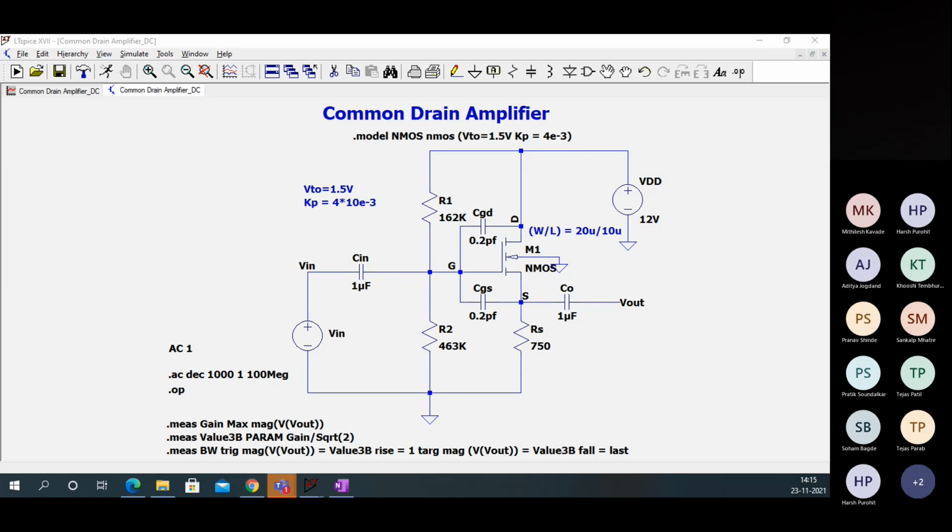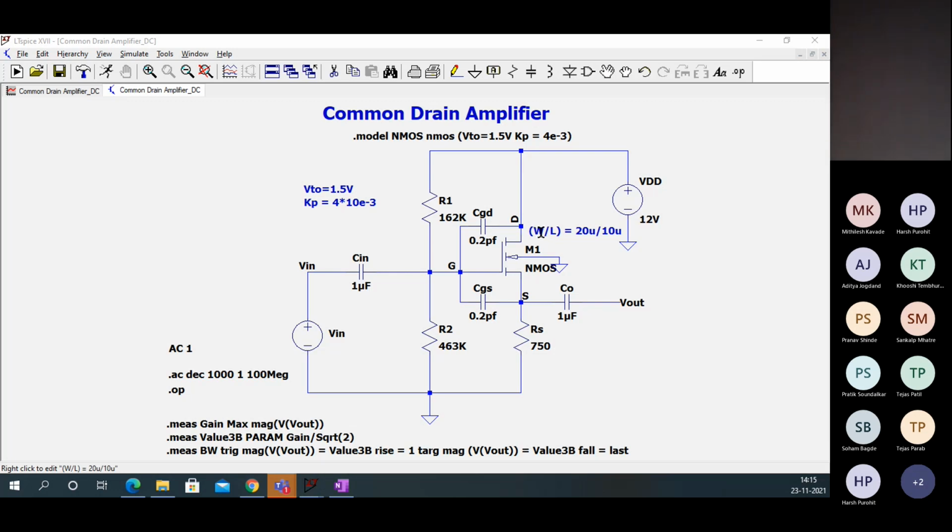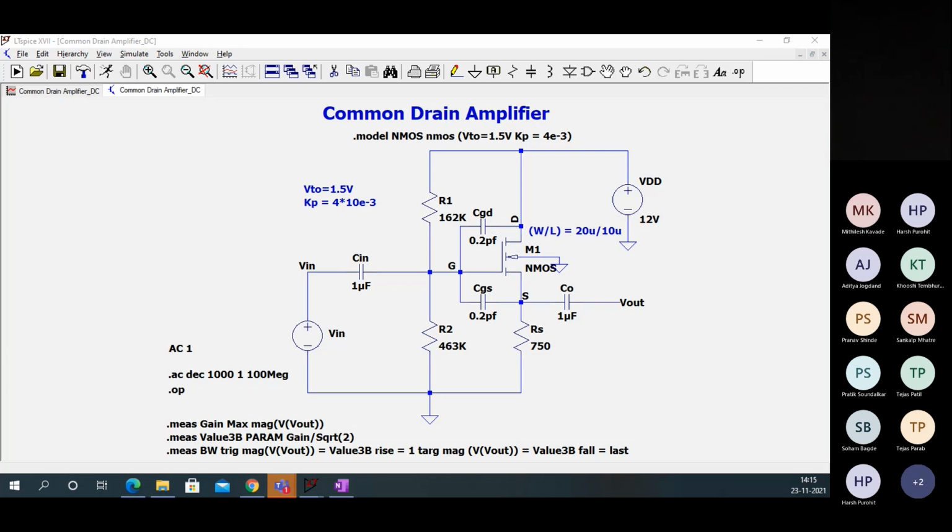Can you all see my screen? Yes, sir. So I have written here very clearly W by L has to be. Now you are getting the correct values. Good.